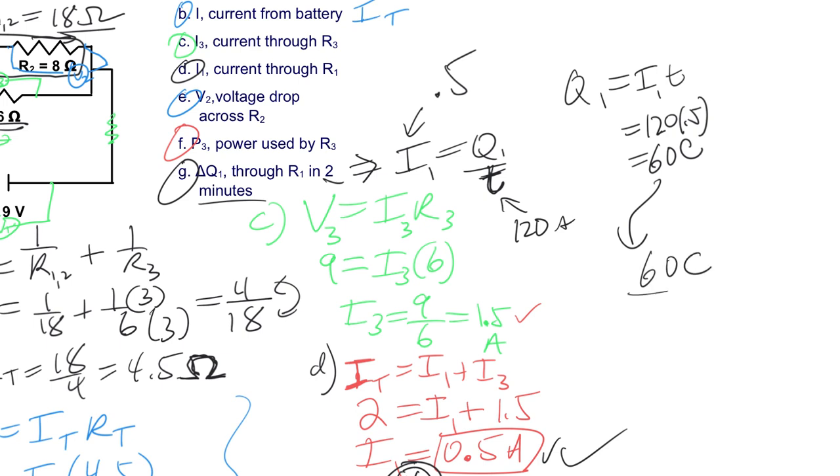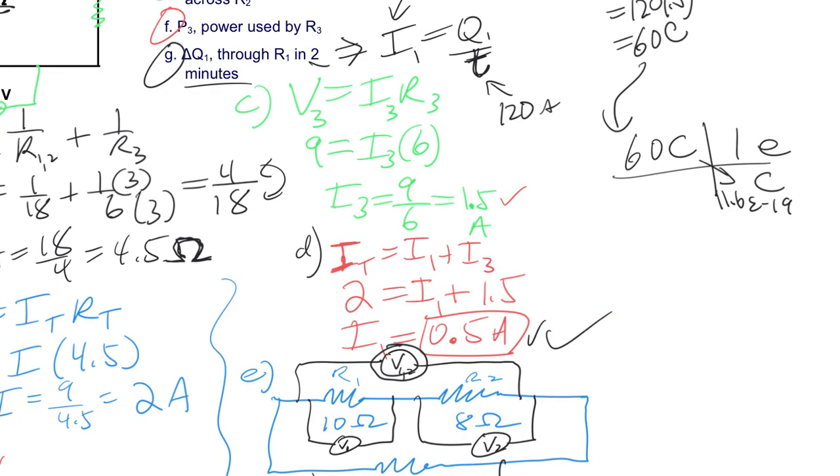So 60 coulombs, coulombs per electron. One electron is 1.6 e to the negative 19 coulombs. So I get 3.8 times 10 to the 20 electrons.